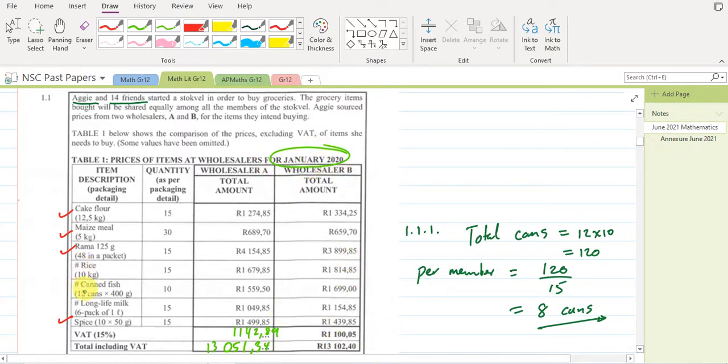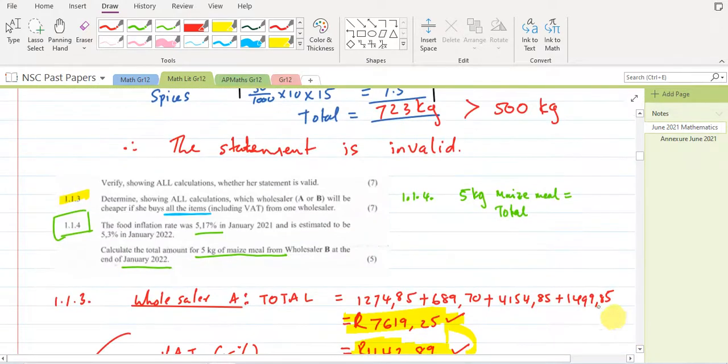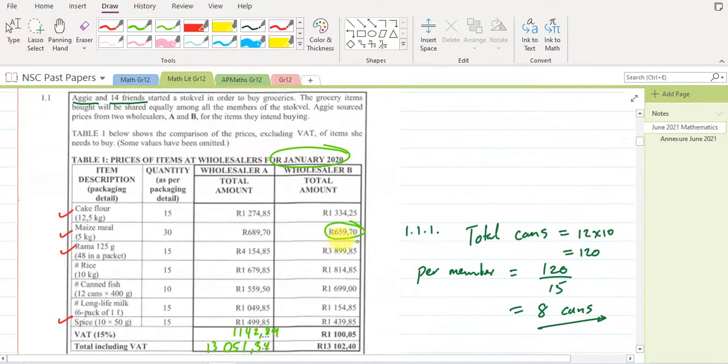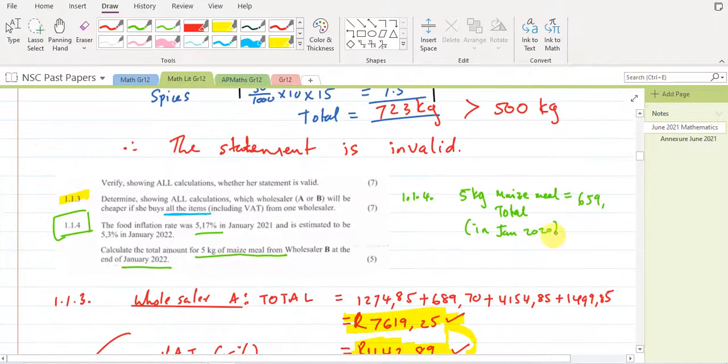So for the 5 kg maize meal from wholesaler B, the price is 659.70 in January 2020.